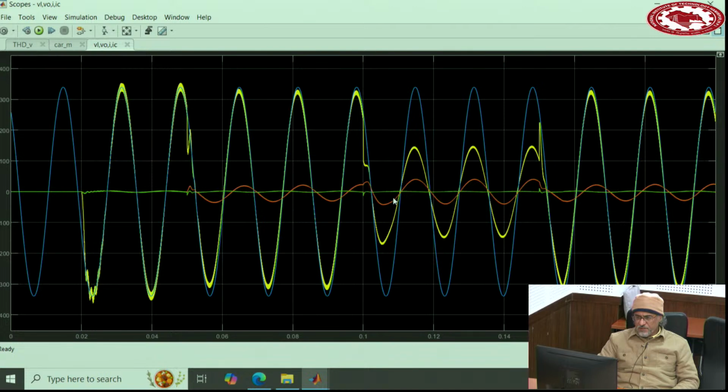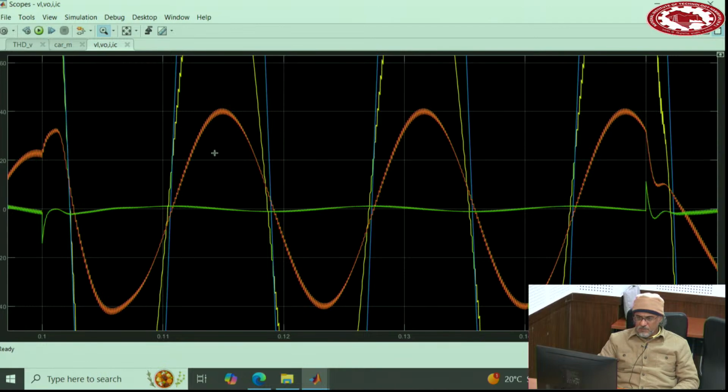And the current is limited at 40. Yeah, this should be the current. So this is the voltage, and this is the current, which is limited at 40.